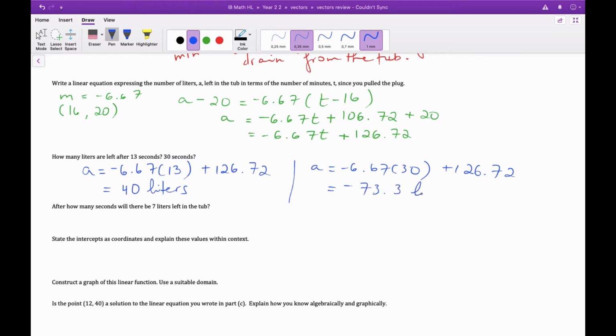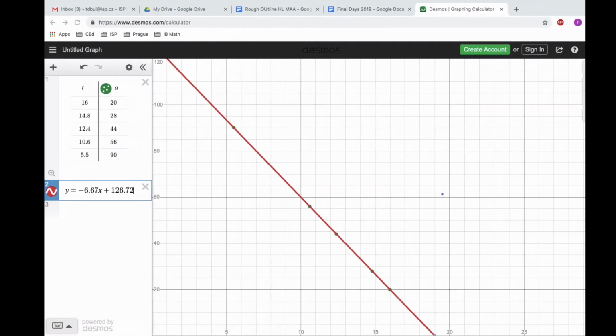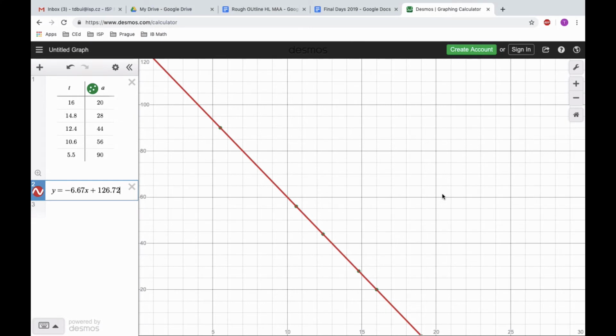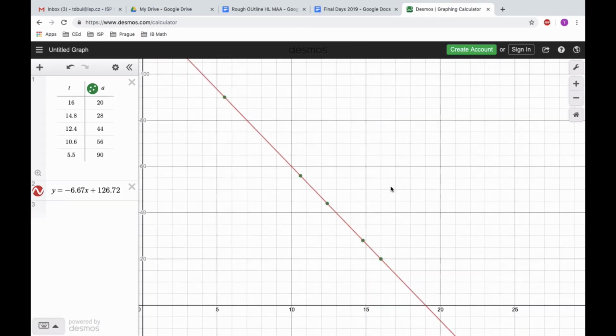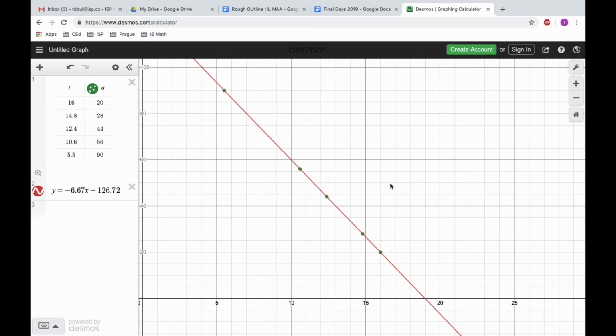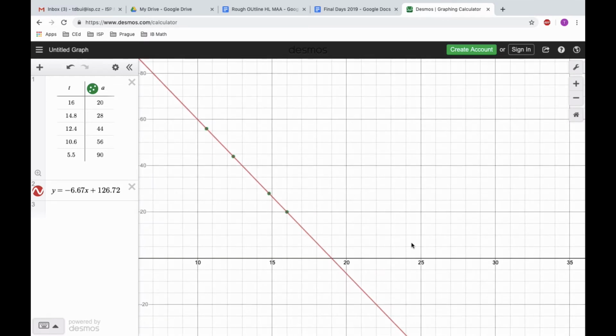How can I have negative 73.3 liters? What's going on, Miss Bui? I don't quite understand. Look at the graph and see if we can make sense of what's going on. If I go 30 and I get negative 73.3, that from the line makes sense. But what's going on in the bathtub?